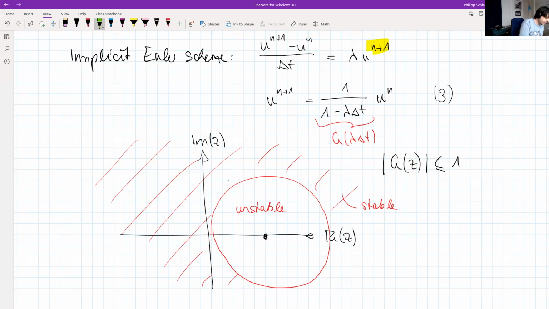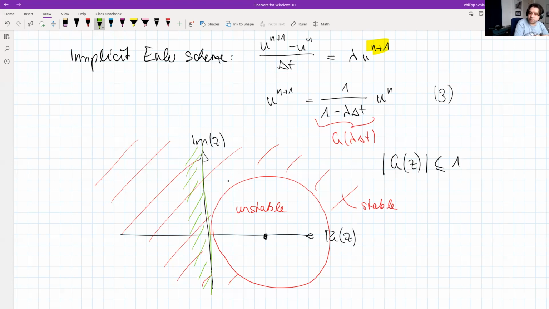What it also means is that the complete analytically stable region, so the left half plane, is now stable. So irrespective of how I choose my delta t, as soon as lambda has a negative real part, so as soon as lambda delta t lies on the left half plane, I know I can integrate that stably using the implicit Euler scheme.